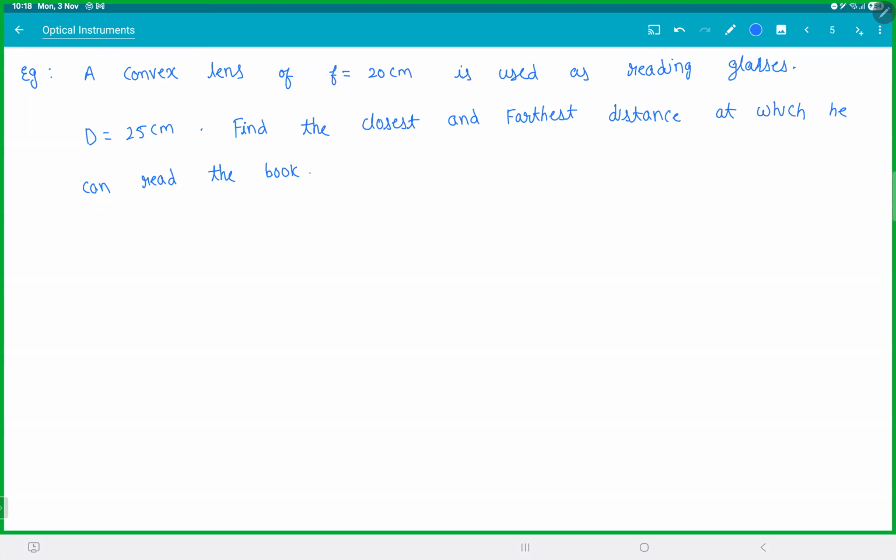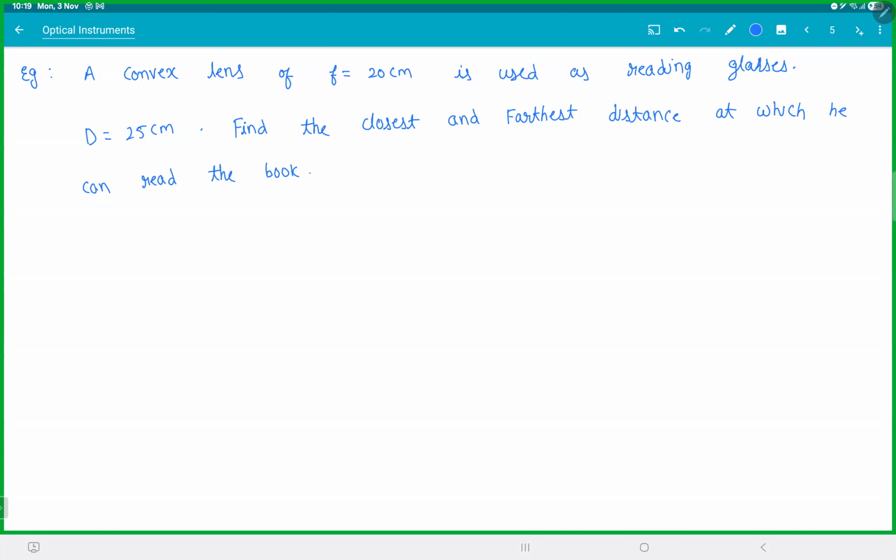Do the reverse. You tell me, as a person, can you see something very far? You can see the stars in the night, right? That means you can see something which is at infinity. And what is the closest you can see? Capital D. That means you can see anything from capital D to infinity.